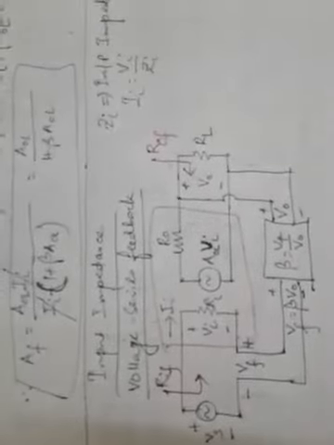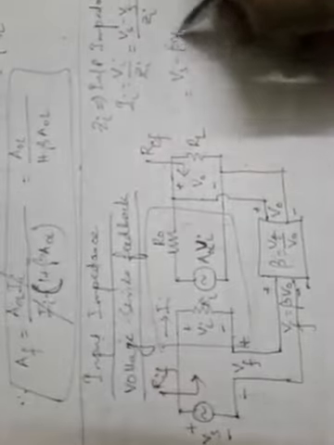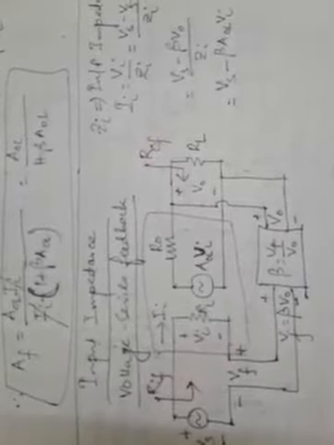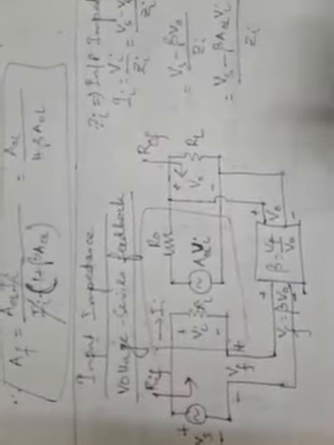Now this Vi can be written as Vs minus Vf as usual, divided by Zi. What is Vf? It is beta Vo. So substitute that, divided by Zi. Now this can also be written as Vs minus, what is Vo? Vo is nothing but AOL into Vi. So Vs minus beta AOL into Vi, by Zi.